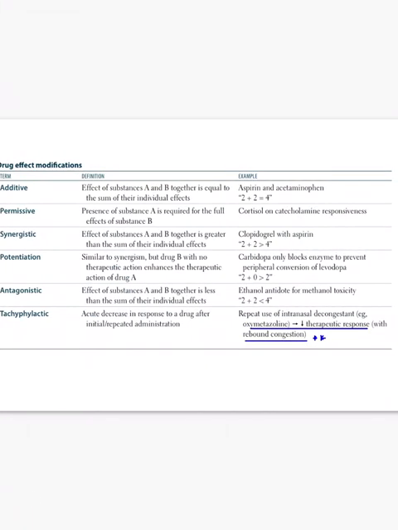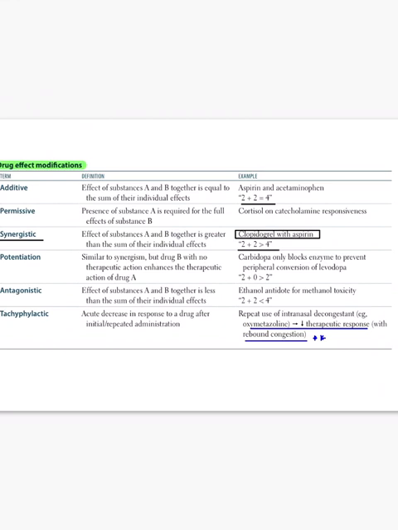This is important. Now coming on to some drug effect modification. There are some terms like additive, where you add 2 plus 2, that is 4. Synergistic means 2 plus 2 instead of being 4 is more than 4, because they are working together, like clopidogrel with aspirin, which is used for prophylaxis of stroke and other things.